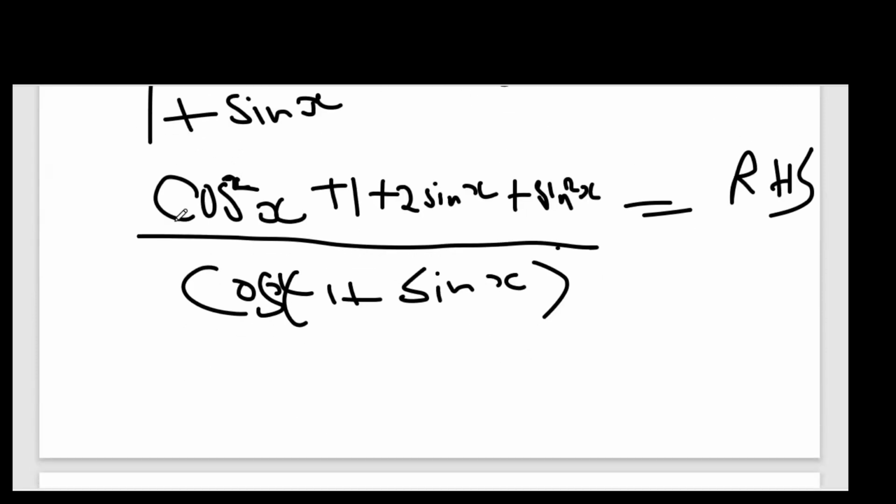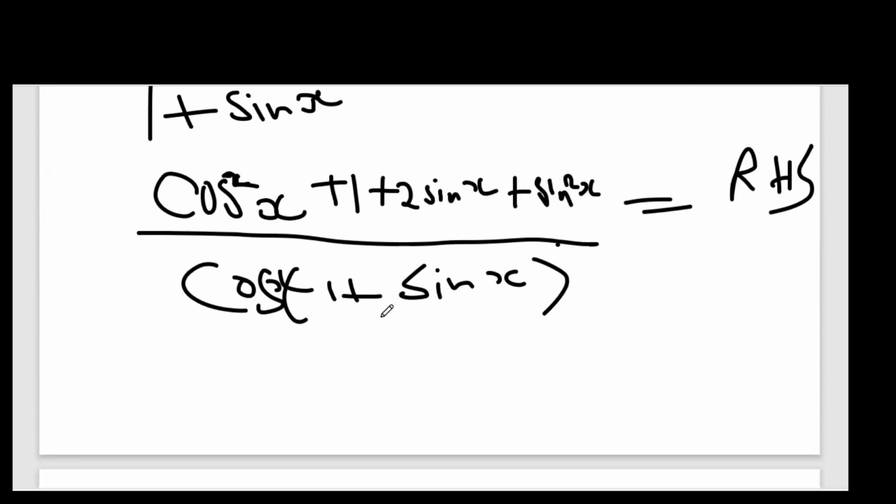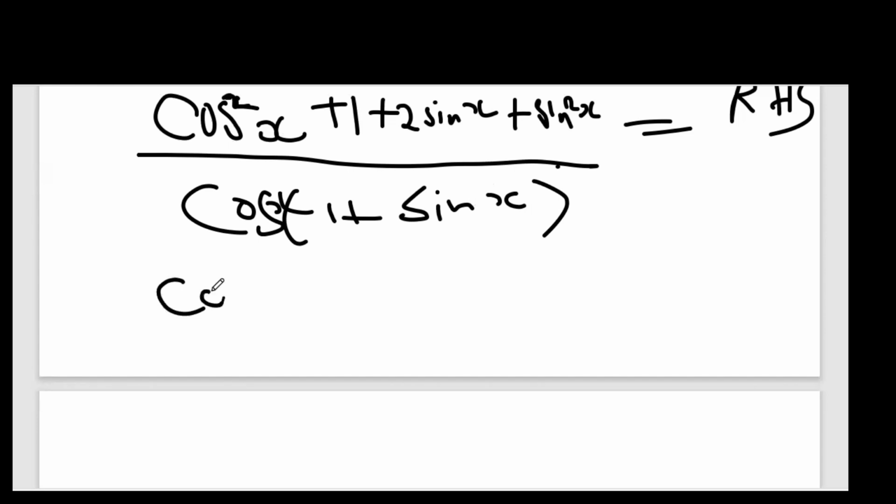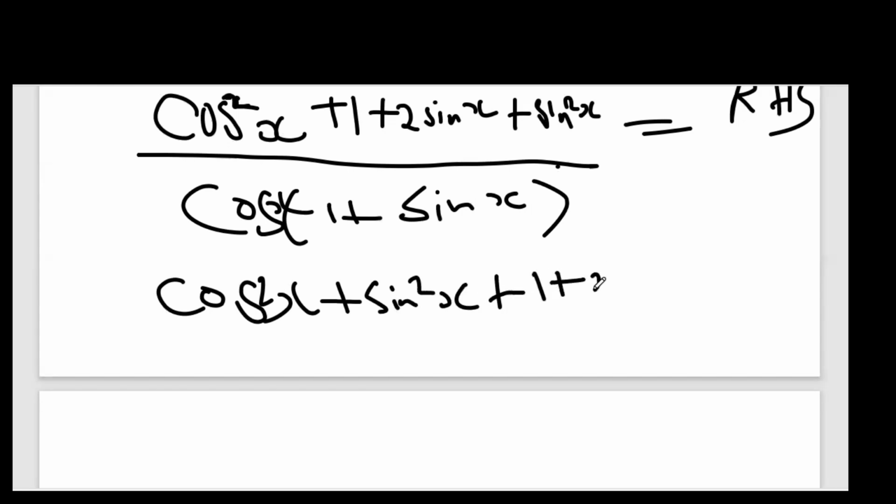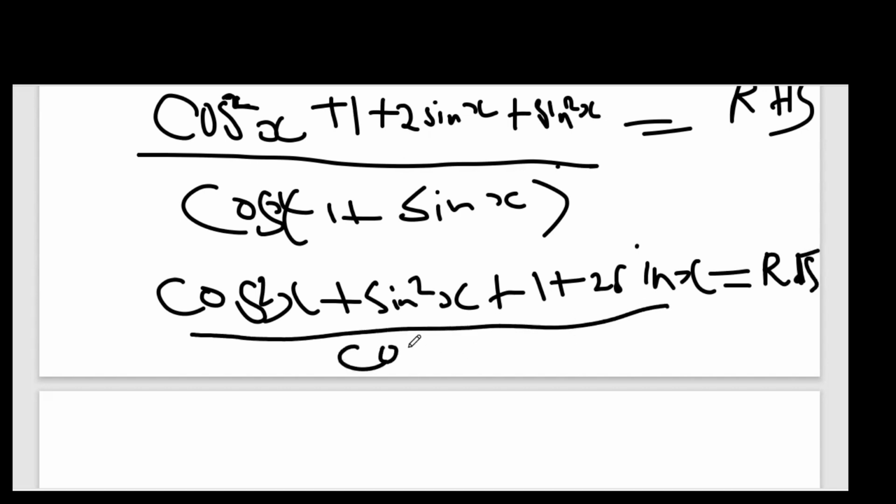The sin squared x and the cos squared x you can group together and they give you 1. So cos squared x plus sin squared x, plus 1 plus 2 sin x, equals the right-hand side, all divided by cos x.